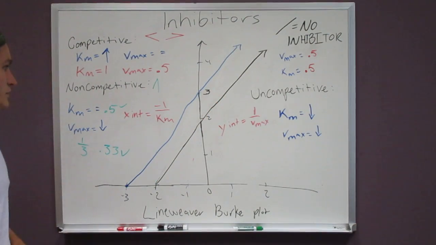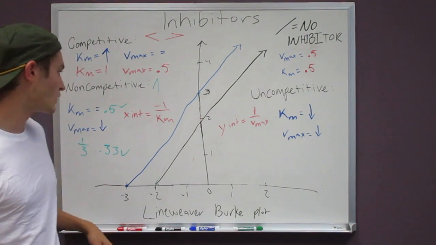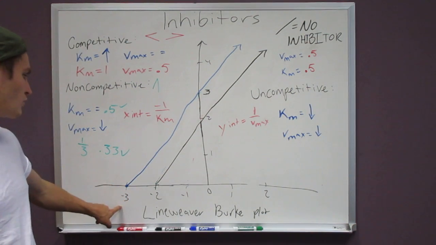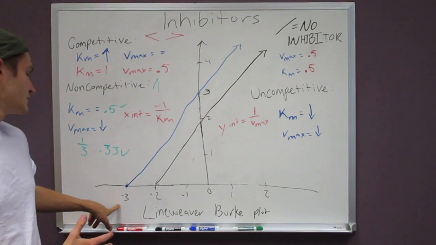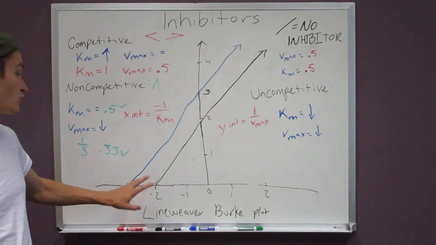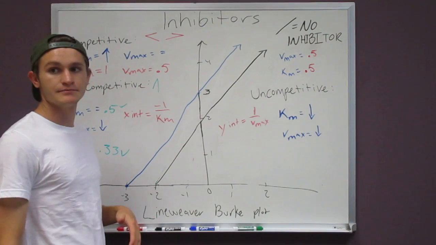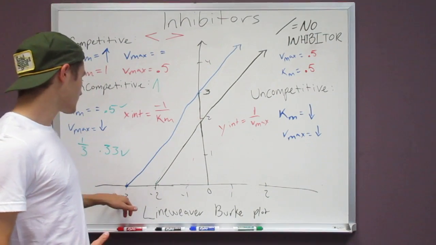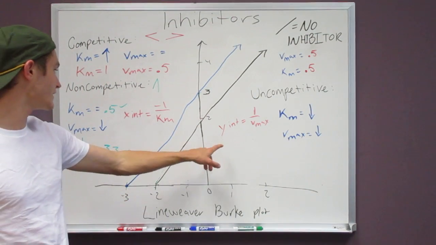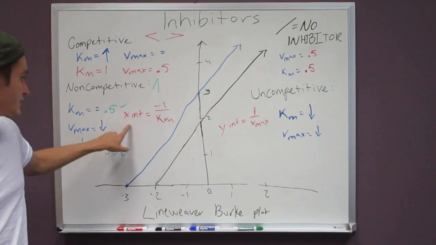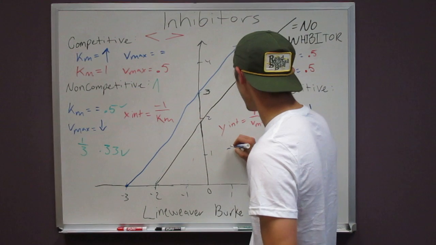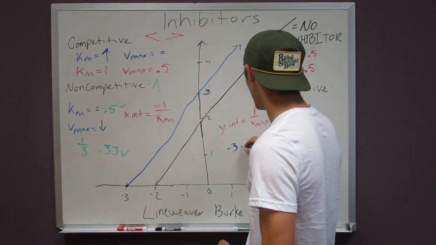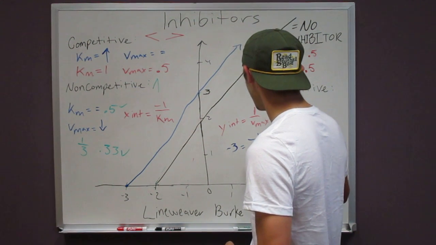So once again, you might say, oh Adam, well it says lower Km, why is this on the Km side, why does it look like it's greater than? Okay, well, we're able to check this out and put it into comparison. So on the x-intercept, which is -3, equals -1 over Km.